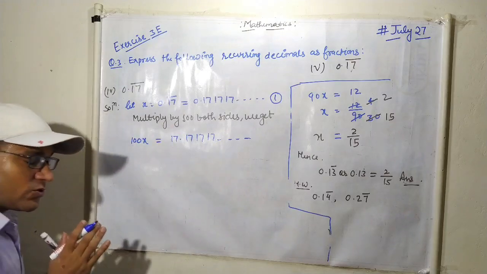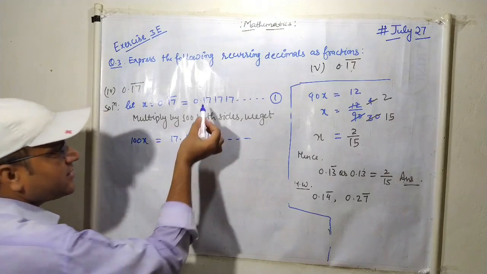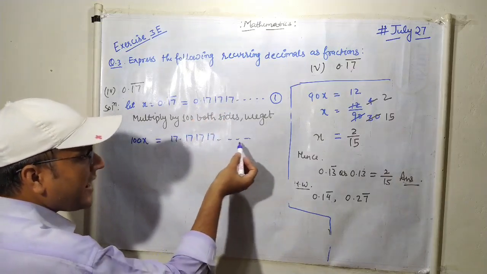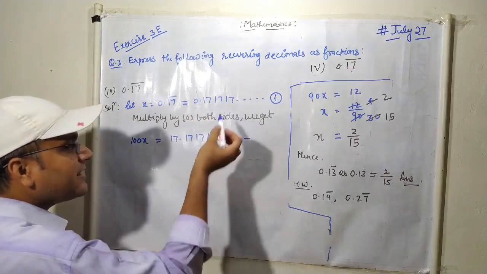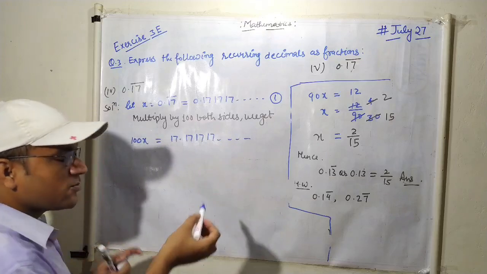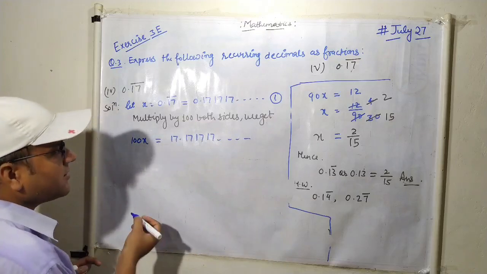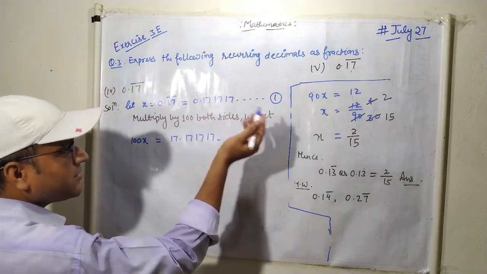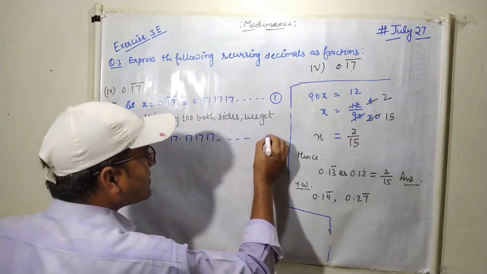So there is no confusion, students. You can see here I have written 1717 three times, and here also, because 'and so on' is there. Now you can increase 17 as much as you want. So 17 comes to this side, 171717. So this is your equation 2.